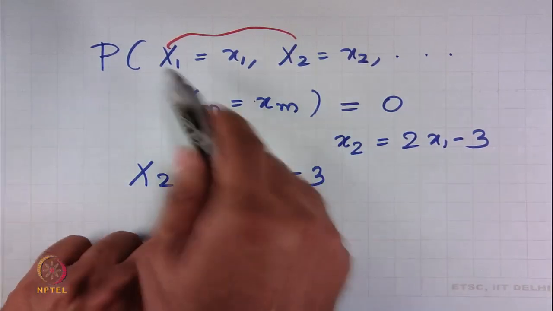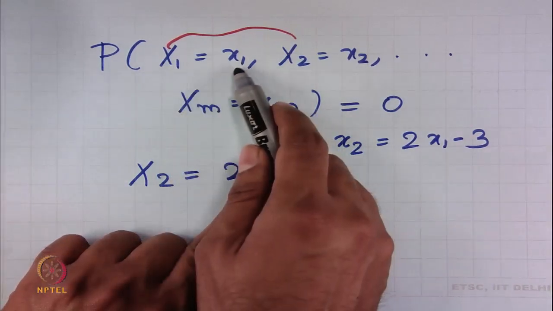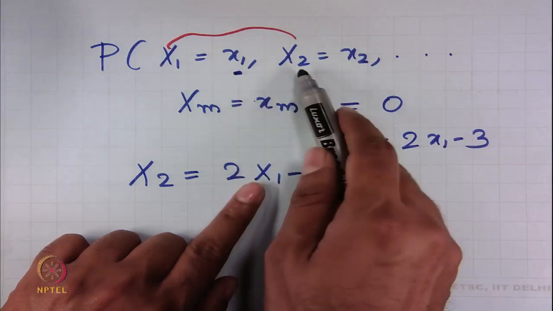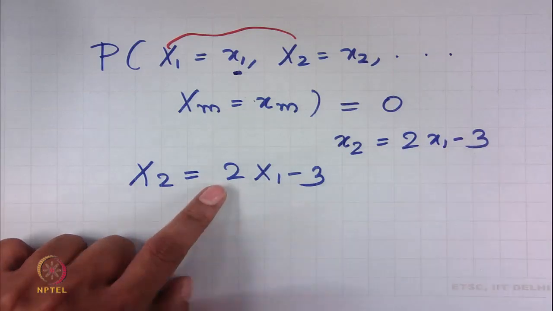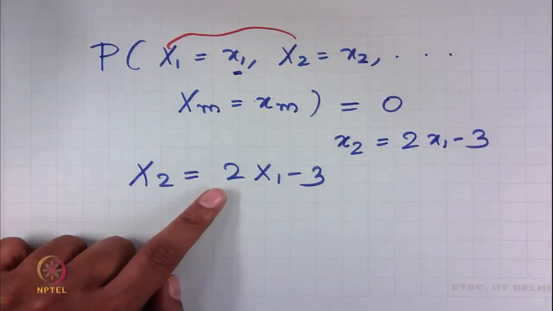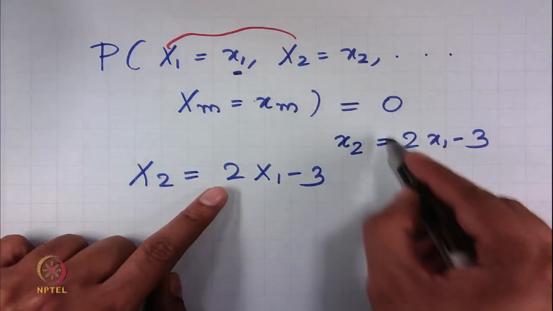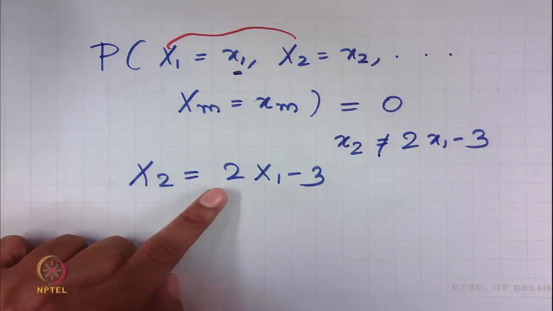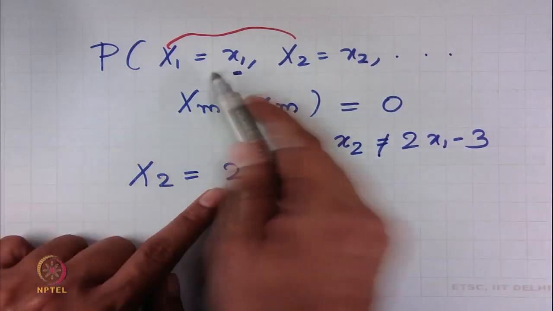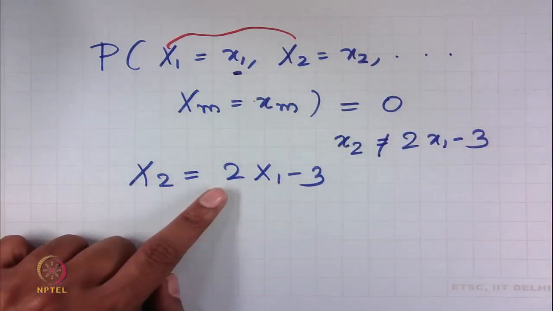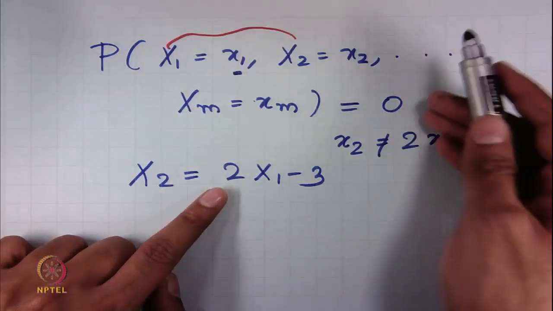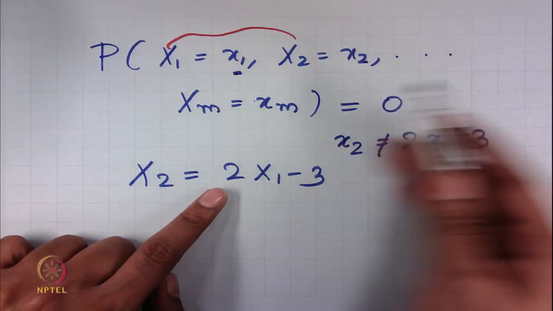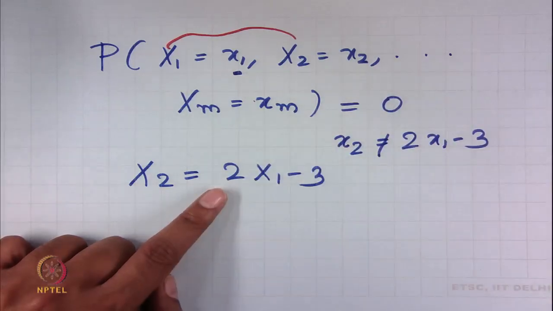So, if random variable x1 has taken a value x1, random variable x2 has to take the value 2 x1 minus 3, it cannot take any other value. So, if x2 is not the same as 2 x1 minus 3, then this probability is going to be 0, because these two events cannot happen at the same time. So, we know easily how to calculate this probability if x2 is not the same as 2 x1 minus 3.